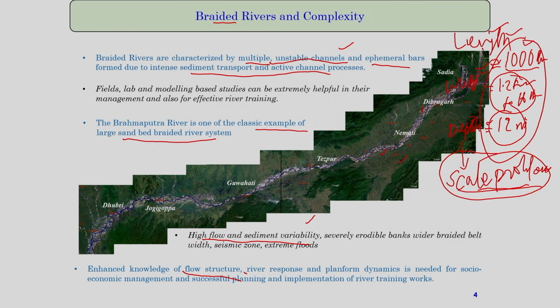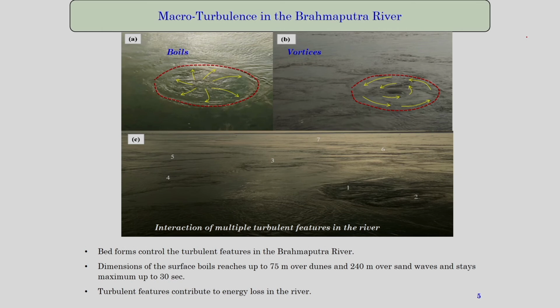That is the biggest issue. Now if you look at another bigger issue, if you take photographs of the Brahmaputra river during the flood periods, you can see turbulent structures, for example this type of vortex formation. You can see large vortex formations happening.